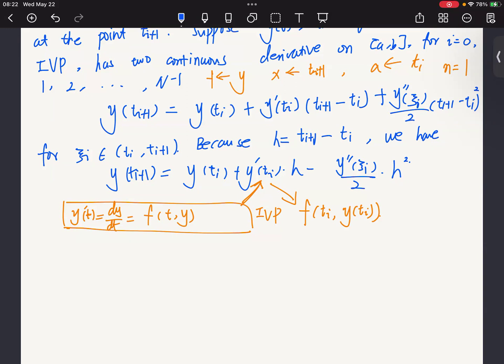This is something similar to what we did in the numerical methods for differentiation. We do the Taylor expansion and then we skip some items at the end. We skip the error items and then we just use this formula as the approximation to this formula. And so now for Euler's method, it's just skipping the last item.